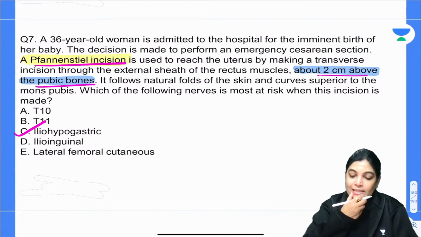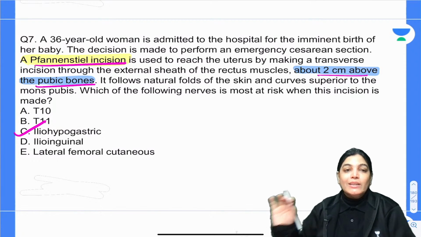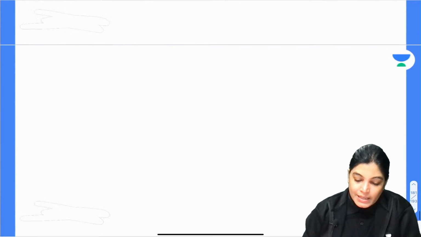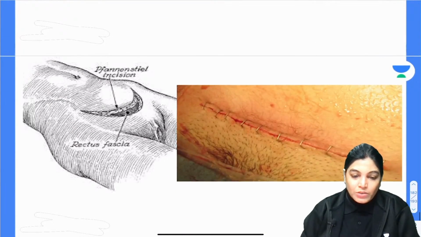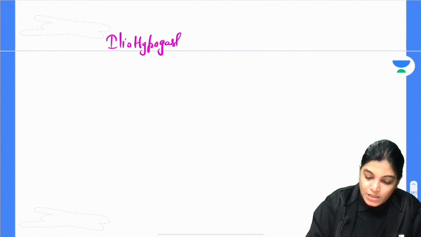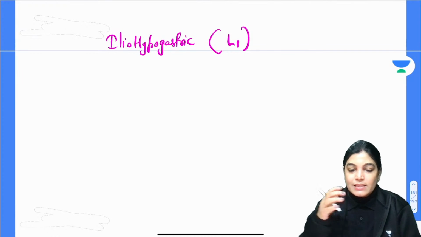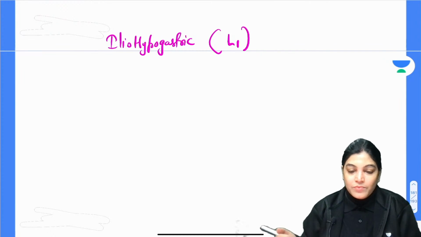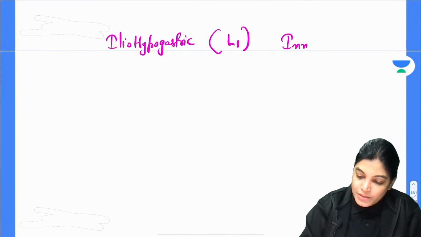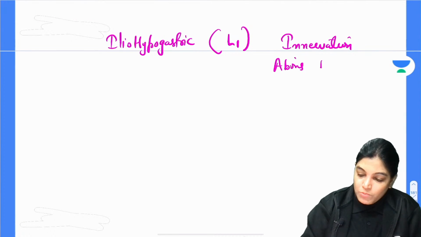So Pfannenstiel incision approximately 2 centimeters above the pubic bone will involve the iliohypogastric nerve. The reason is, let me explain the iliohypogastric nerve. Basically, iliohypogastric nerve is majorly formed by L1 having the root value, and this is a responsible nerve for giving the innervation. The area of its innervation is lying just above the pubis, mons pubis.